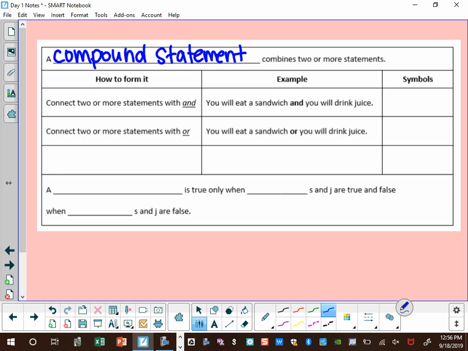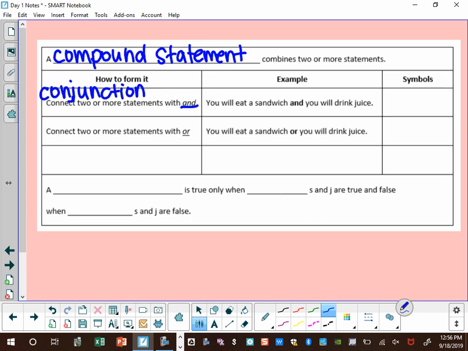So, how to form it? This is a conjunction. What that means is you connect 2 or more statements with the word and. You combine 2 or more statements with the word and, it's called a conjunction.